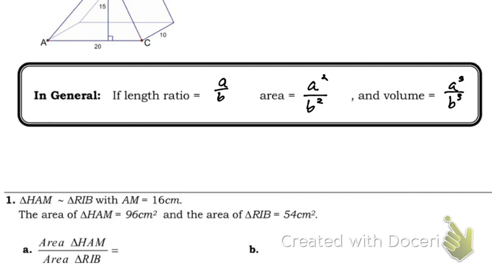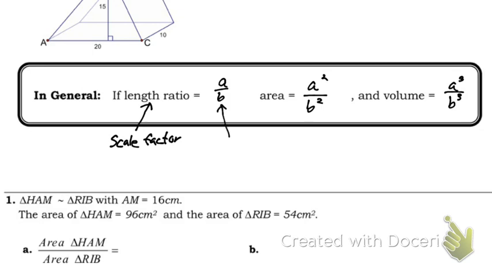Length ratio, previously to this lesson, we called that a scale factor. So anytime I ask for a scale factor, I'm just asking for a length ratio. What's the ratio between two given lengths? The other important thing I'm going to talk about is our scale factor is A over B.